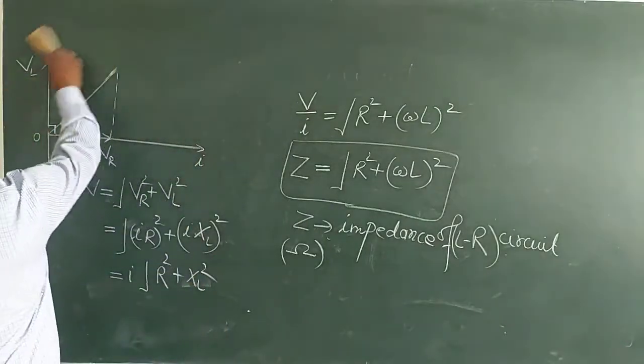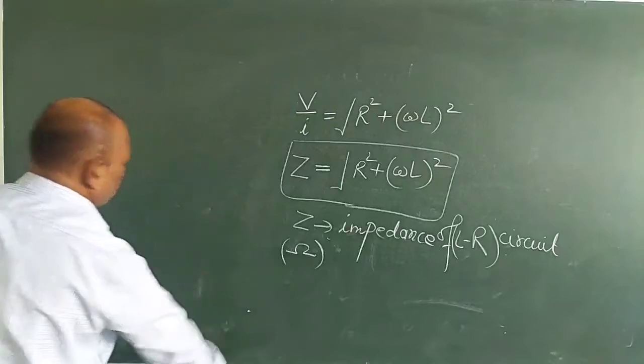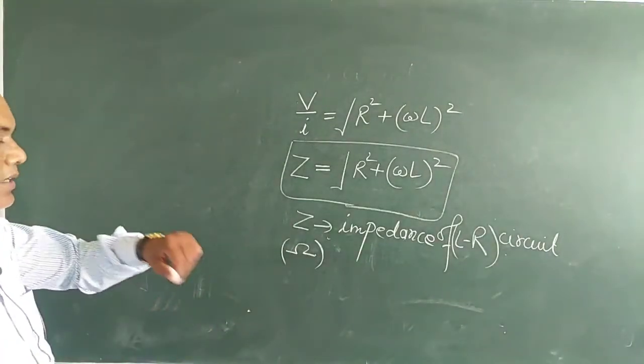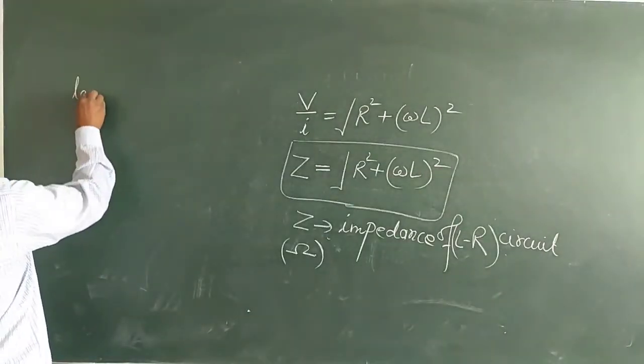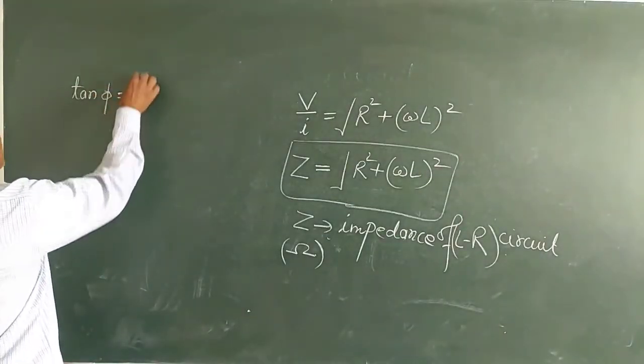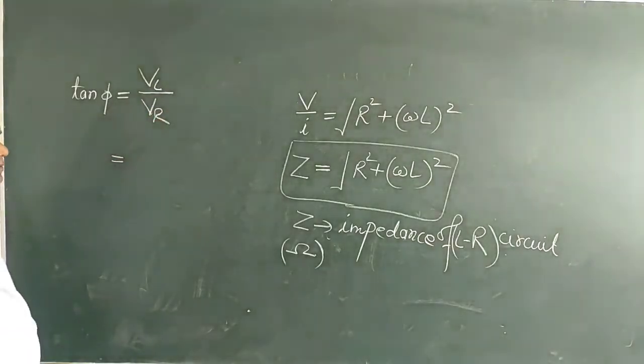Now if you want to find the phase relation, in this case we have tan phi equal to VL upon VR.